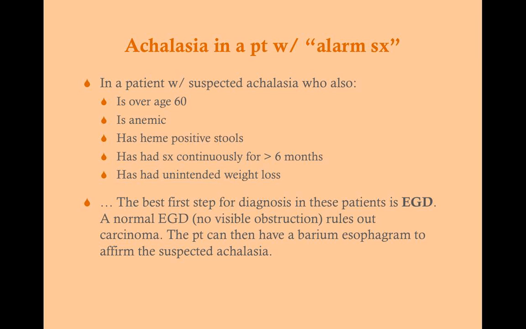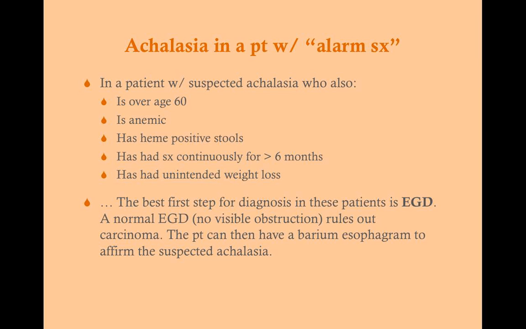In this case, you're not going to start off with your barium esophagram. You probably will get a barium esophagram in real life on these patients eventually, but your first step, the best first step for diagnosis in these patients, because they have such a high risk, each of these are risk factors associated with carcinoma of the esophagus.